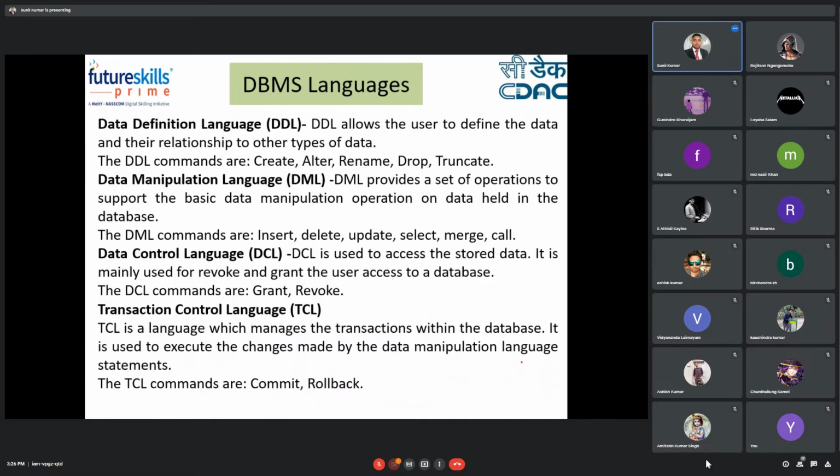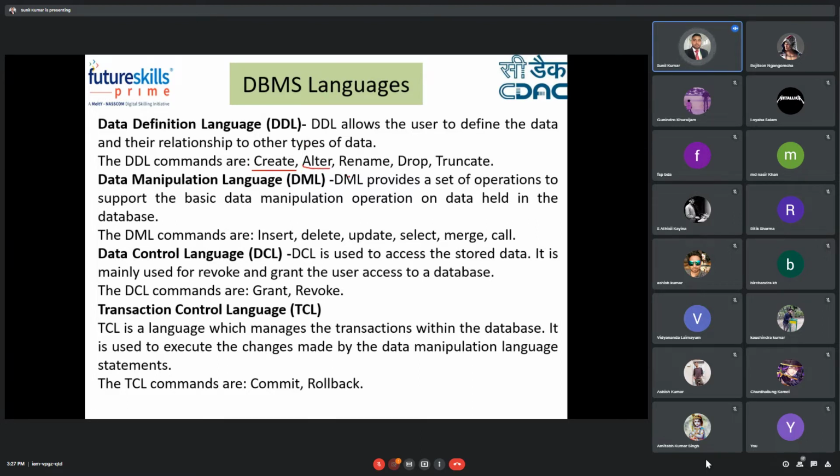Next slide. First one, DDL. DDL means data definition language. Suppose you want to create any data, then you will use the DDL component, where you will use the create query. Create means to create any data or any table. Alter, what is the meaning of alter?